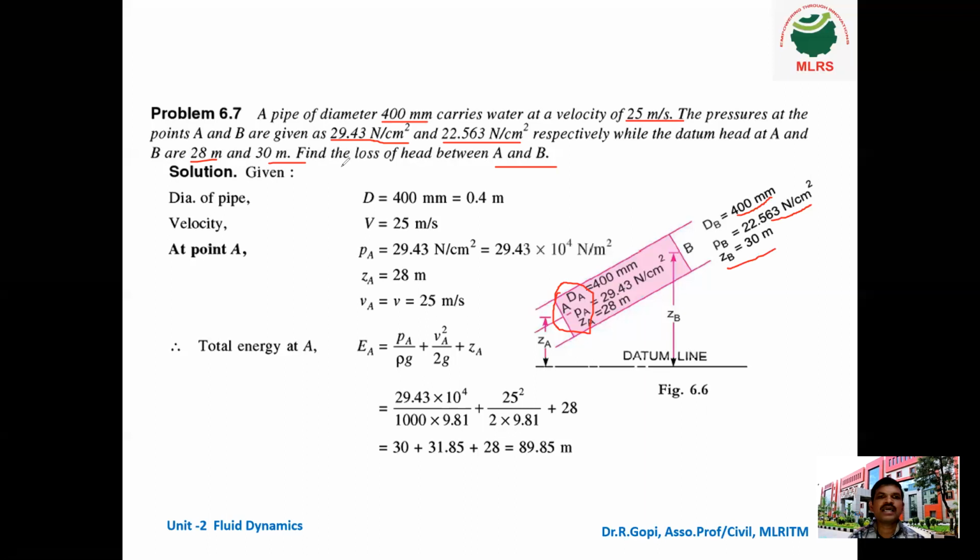Okay, so now what they are asking: find the loss of head between A and B. That means what is HL? Loss of head equal to how much? So this is the question.